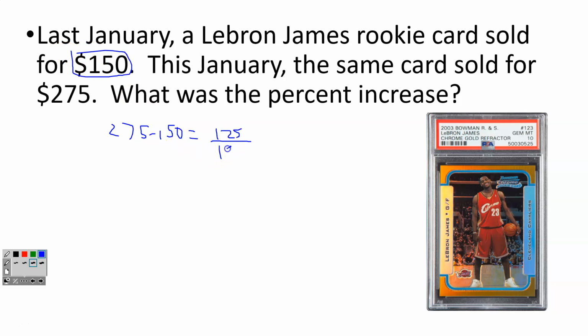So I'm going to divide that by 150. When I do 125 divided by 150, I get kind of a long answer on that, and that's okay. I get 0.83, and then I times that by 100, and I get 83.33%.